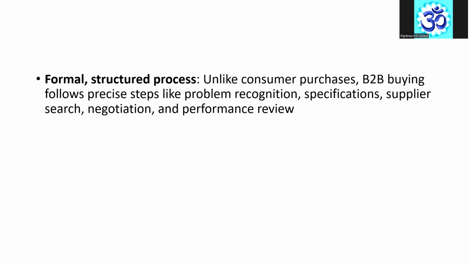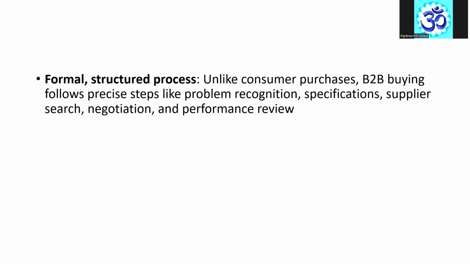Formal structured process. Unlike consumer purchases, business to business buying follows precise steps like problem recognition, specification, supplier search, negotiation, and performance review. If I want to buy a personal phone for myself, it is very easy to buy. But if I want to buy machinery for my company, then I need to do proper planning.